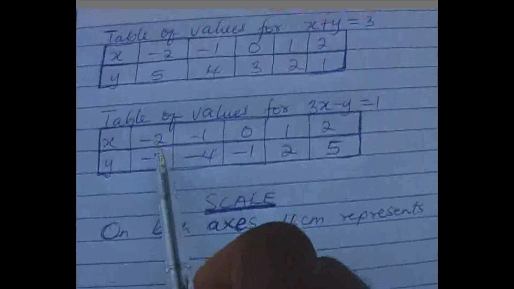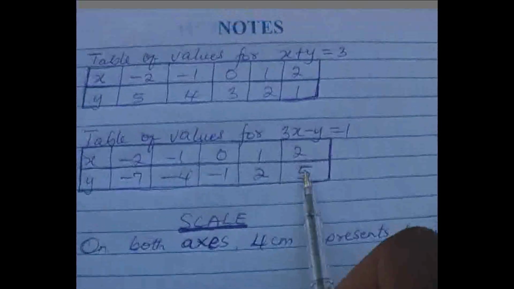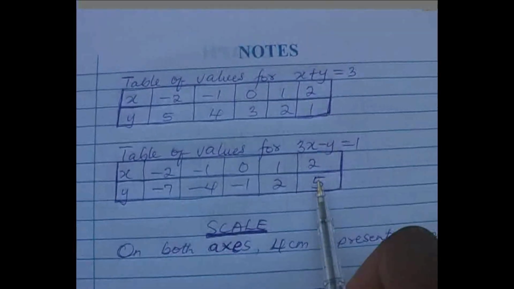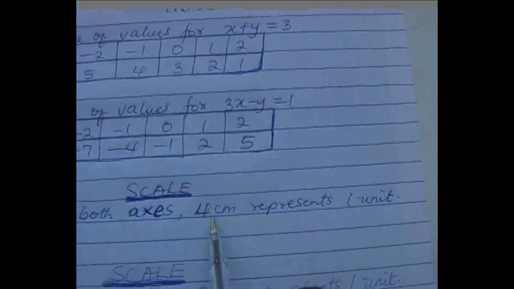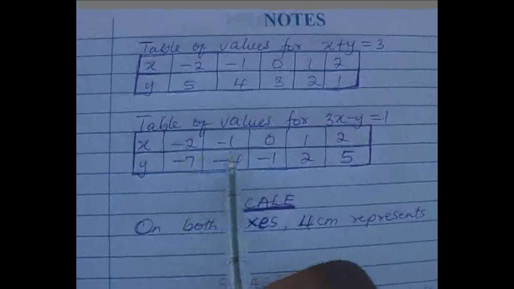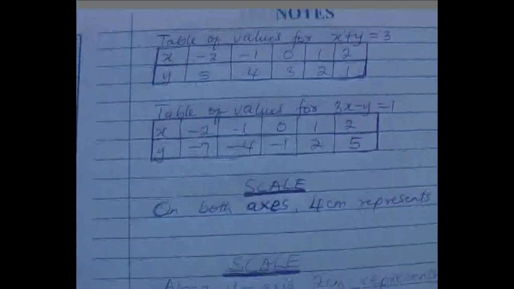So we have 1, 2, 3, 4, 5, 6, 4 cms, whereas what we have here is 7 plus 5, which is 12. So if you go by this scale, 4 cm represents 1 unit along y-axis, it will not work, because you won't be able to put in both the negative and positive values.